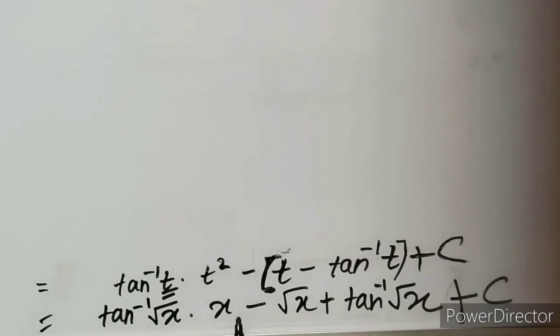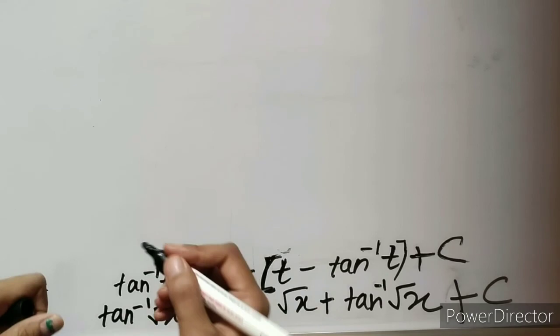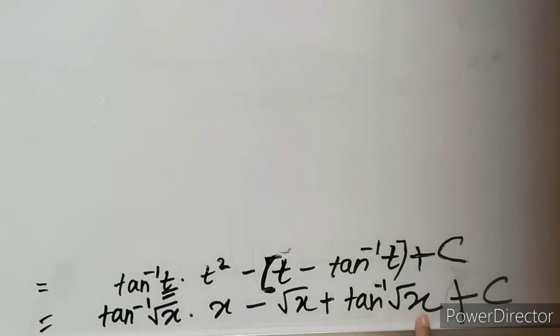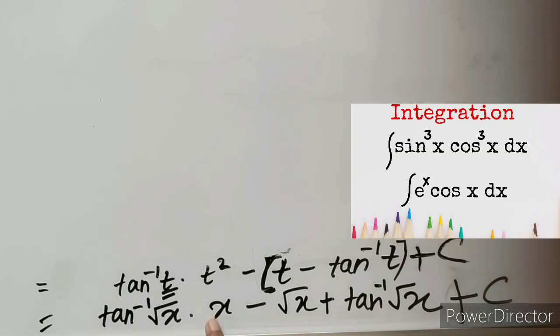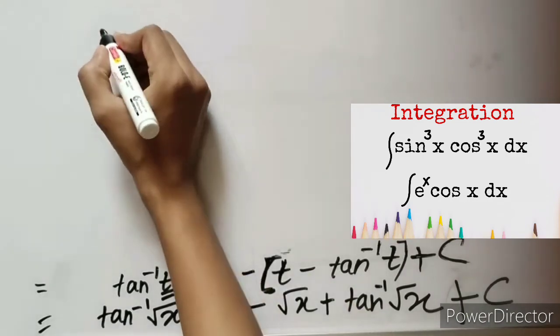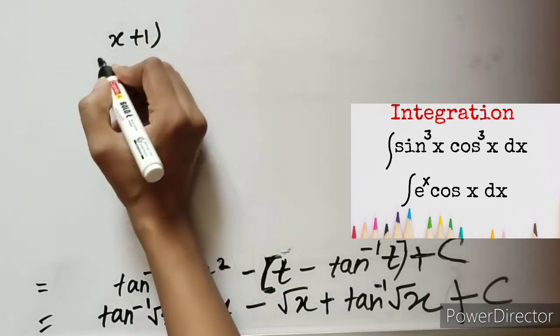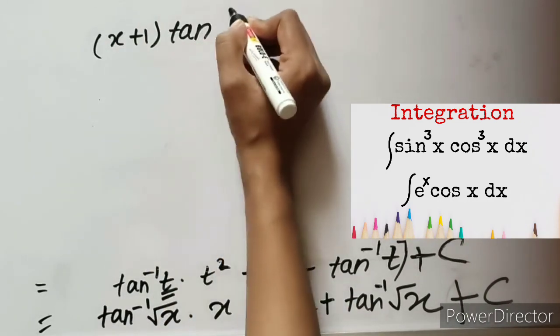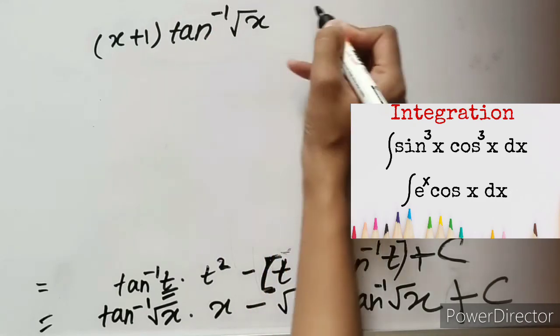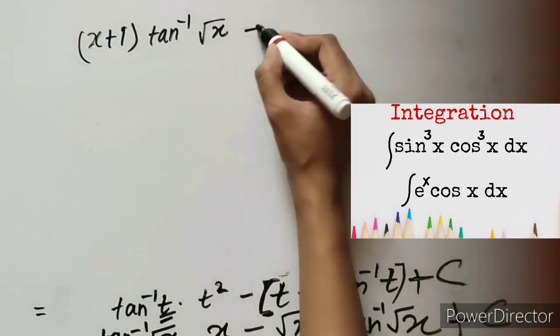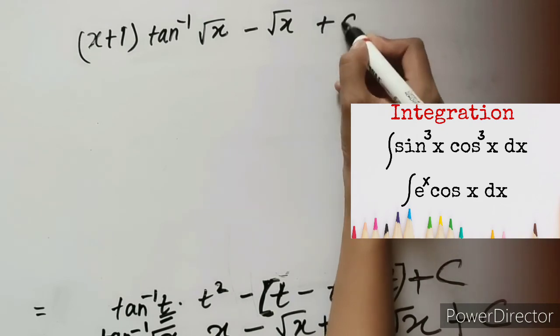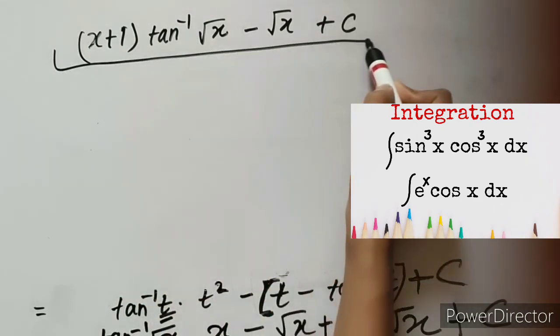When you open the bracket it will be plus, so I'm doing this from the last step. Now I'm just taking this tan inverse root x as common, so it will be x plus 1 times tan inverse root x, and minus root x is still left, so minus root x plus c, and this is the final answer.